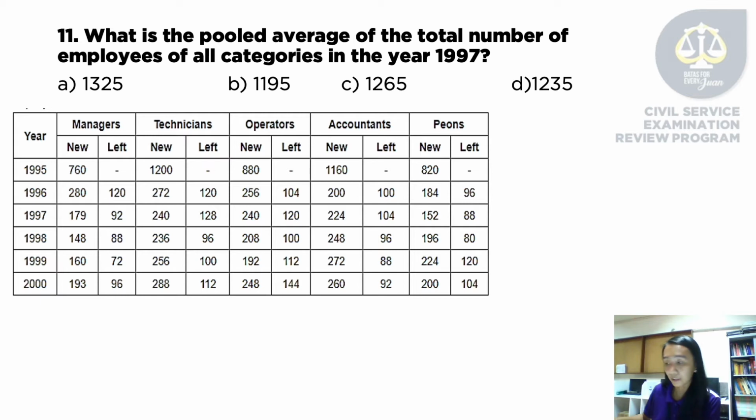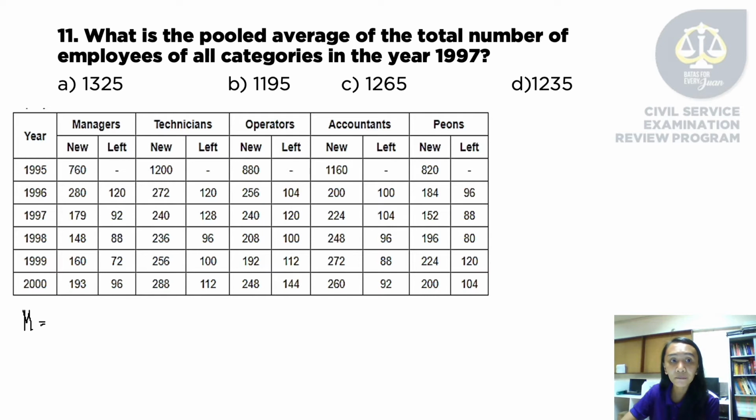Okay, mag-pen tayo. So, hanapin muna natin yung number of total employees natin sa managers, from year 1997. So, what we will do, we let M as your managers. What we will do is we will focus on these 3 numbers and these 3 numbers on the column of our managers.